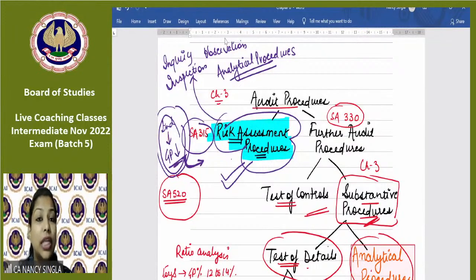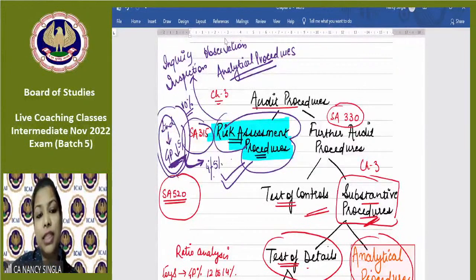Okay? So what is the auditor doing? When the auditor estimates that since there is a fall in the GP ratio of the industry, there will be a fall. Let's say in the last periods before Corona, 10% GP ratio was there as the average for the industry. And now it has fallen to, let's say, 5%. And the auditor feels that, with respect to my client also, the GP ratio will be somewhere between 4 to 5%.